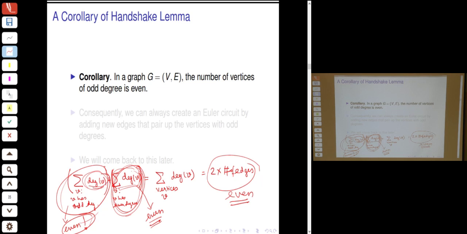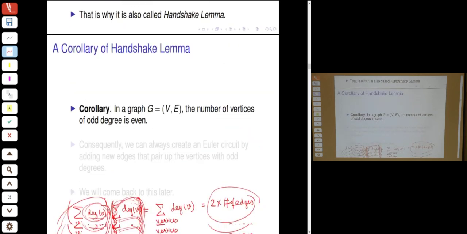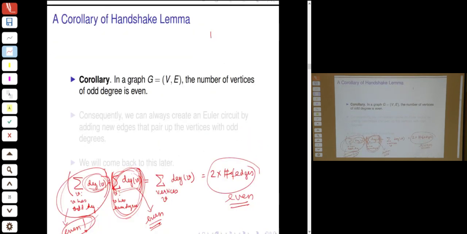So, for instance, if you take 2 odd numbers, 1 and 3, the sum is even. But if you take 3 odd numbers, that is an odd number of odd numbers, the sum is 9, which is odd. And this is true in general. If you take an odd number of odd integers, the sum is always odd.